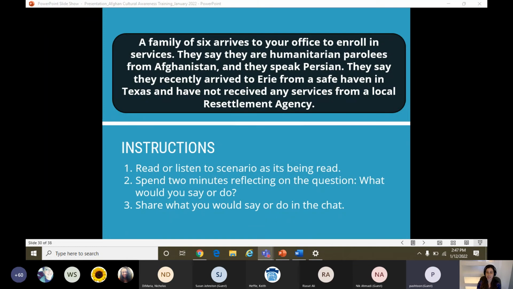Great. Any other insights on what someone would do in this specific scenario? Not only do we know they were from Afghanistan and spoke Persian, but we know they came to the US-based safe haven in Texas, have not received any services from a resettlement agency, and are humanitarian parolees. So is there anything else you would say or do? Angela, I love that. Welcome them and let them know you're here to help.